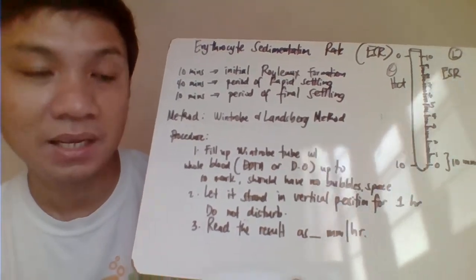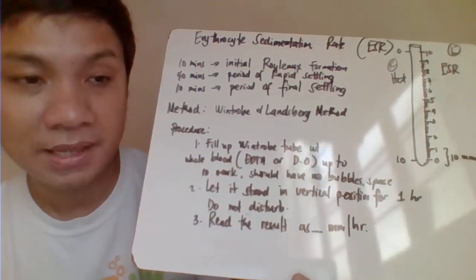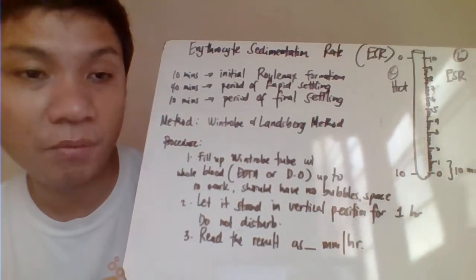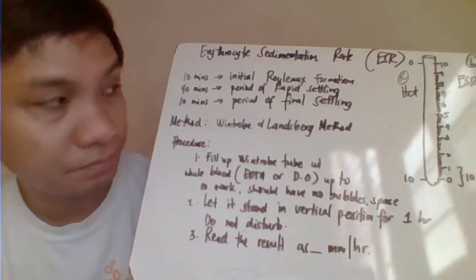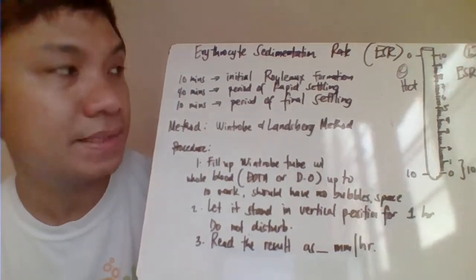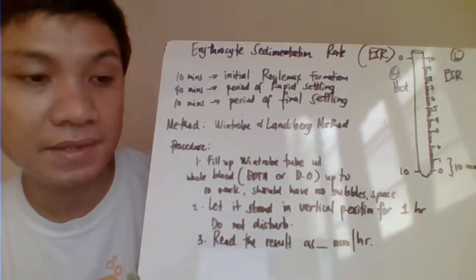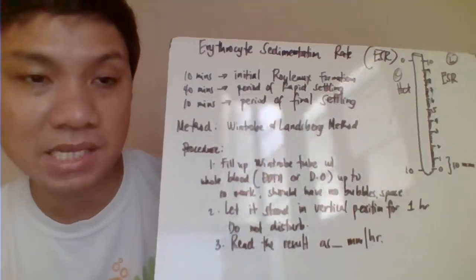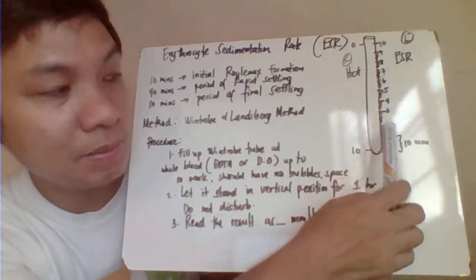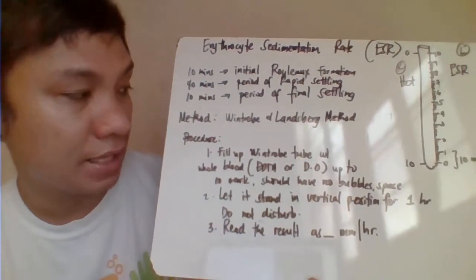They will not be able to form rouleau, not unless you destroy the zeta potential or the negative charge that will enable our RBC to undergo rouleau formation. The next 40 minutes is the period of rapid settling. And the last 10 minutes is the period of final settling. When you're already on the last 10 minutes, expect that the RBC settling is slower, because the majority of your RBC are already at the bottom.